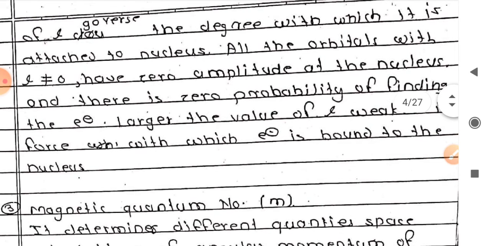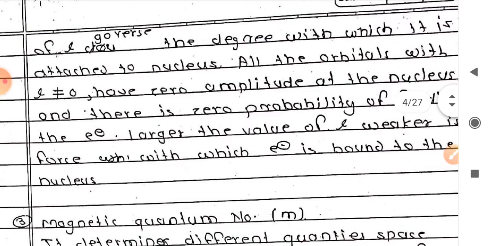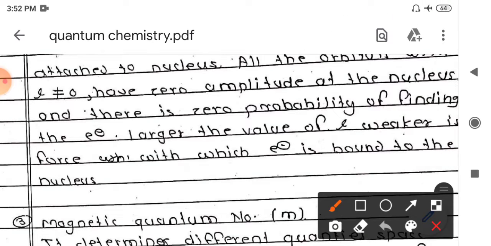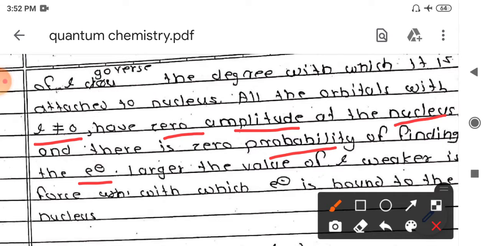All the orbitals with l not equal to 0 have 0 amplitude at the nucleus. We have seen this in the previous radial plots, that the electron will reside only in the outer orbitals. So there is 0 probability of finding the electron at the nucleus.